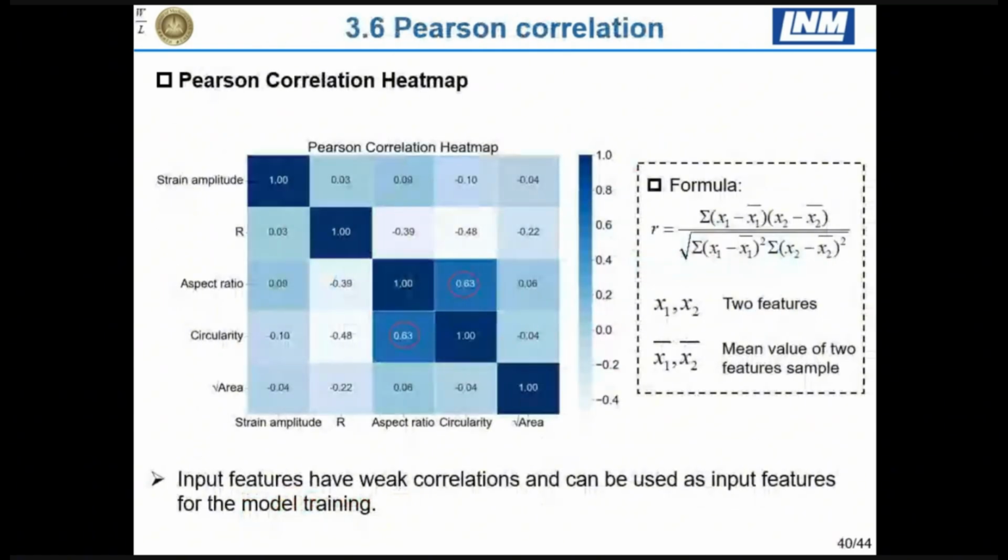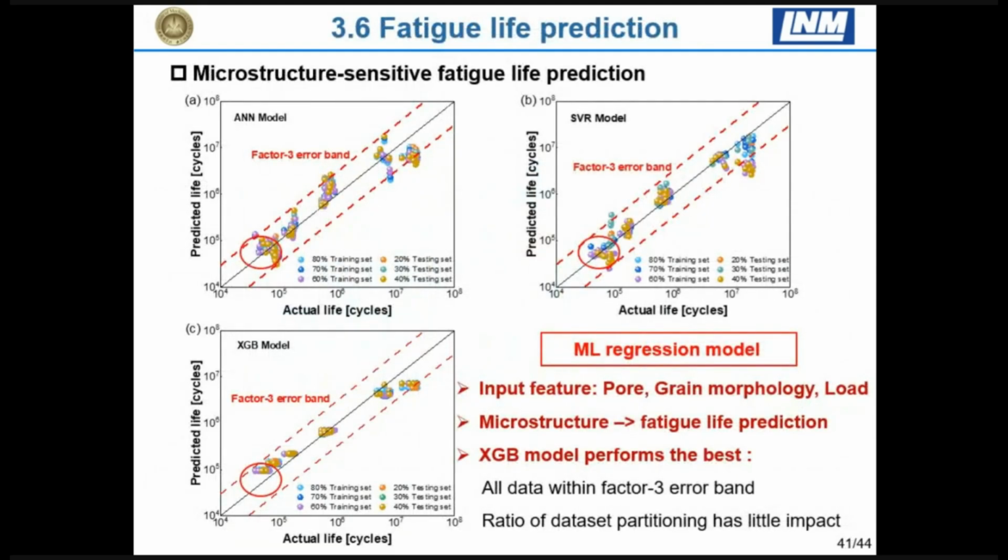And of course, we can also see some Pearson correlation to demonstrate whether there are correlations between the input parameters. It shows some weak correlation here. I think this one should be the last one. So with this, we developed this framework of digital microstructure, crystal plasticity, and fatigue lifetime altogether.